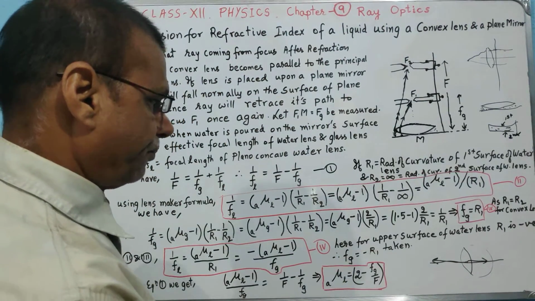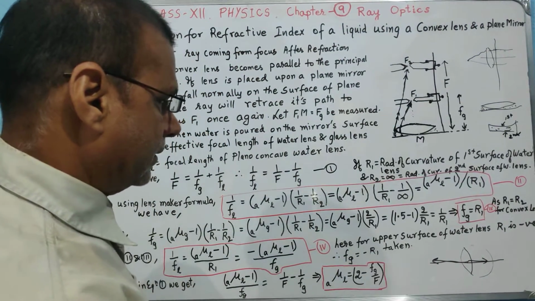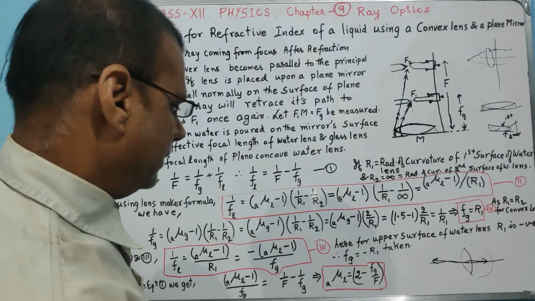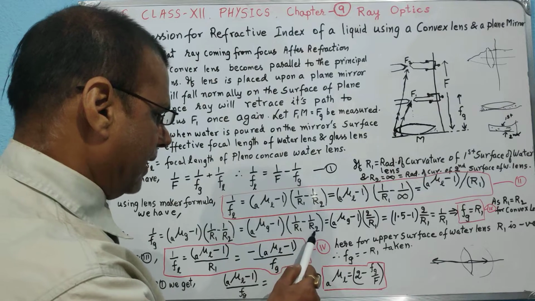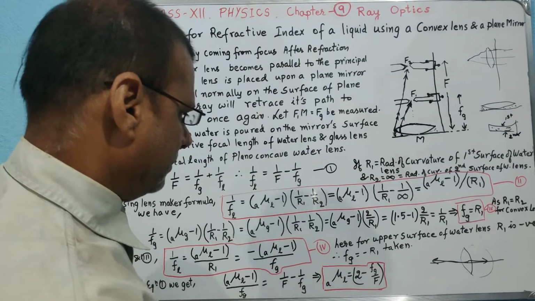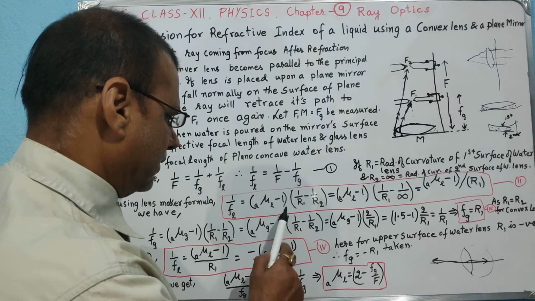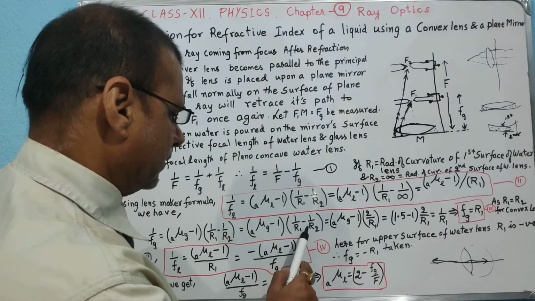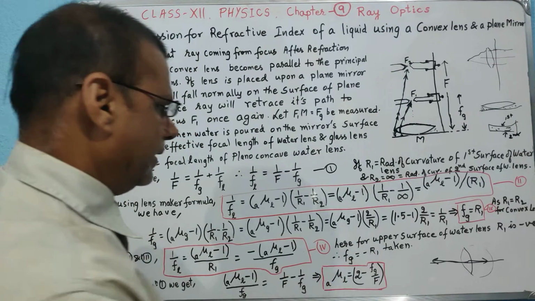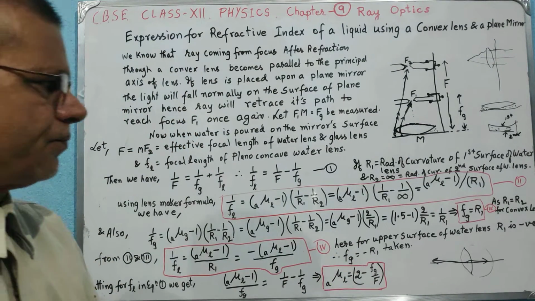So if we take R1 as positive, then R2 will be negative, and since the magnitudes of the radii of curvature are the same, we have 1 by R1 minus 1 by R1, that becomes 2 by R1.